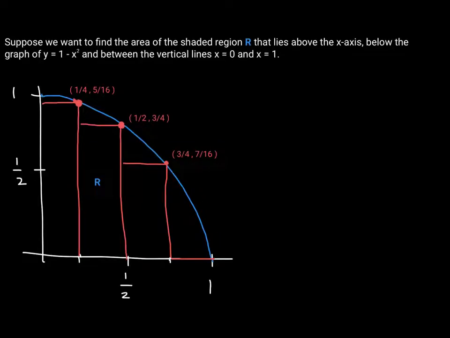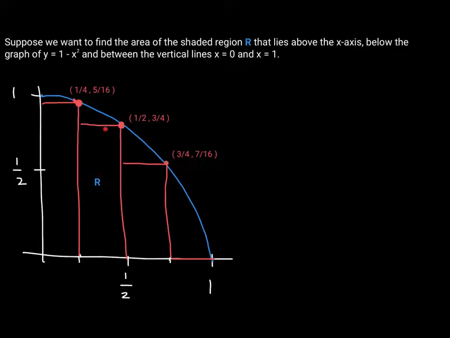Now the function is decreasing like we said before, right? It's decreasing on this interval from 0 to 1. And so the height of each of these rectangles is given by the value of our function at the right endpoint of the subinterval that's forming its base. So look at this subinterval, from 0 to 1/4. The height of this rectangle is found by evaluating our function at the right endpoint, which gives us 15/16.